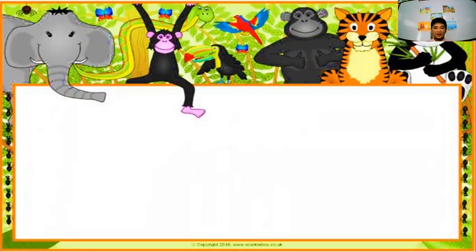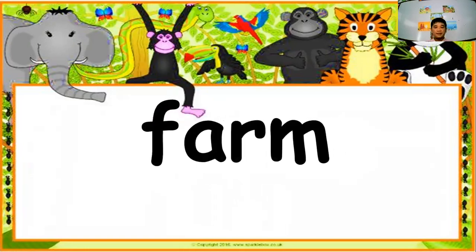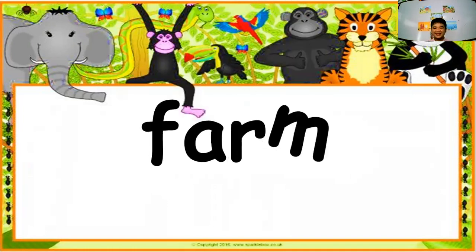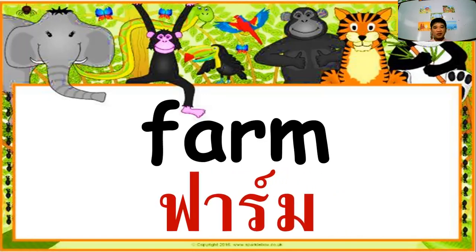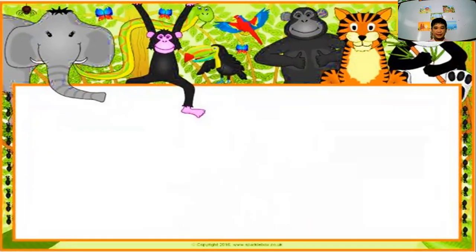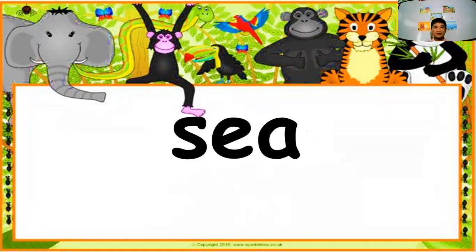Next, we have farm. Farm. Everybody say farm. Very good. And this is how we write the word farm in Thai. And we also have sea. Sea. Everybody say sea.